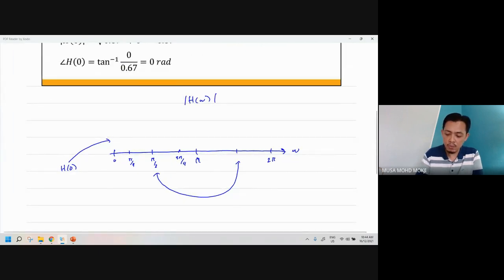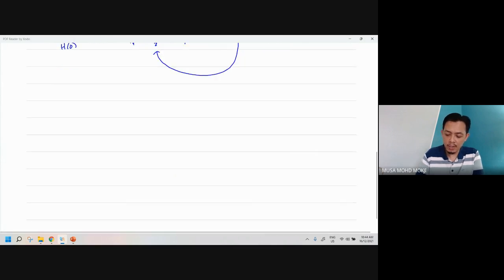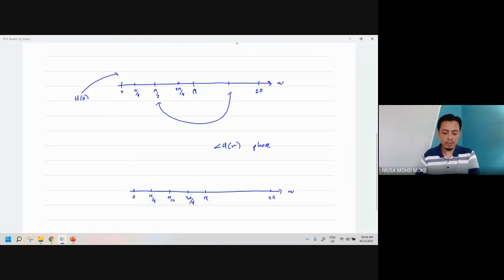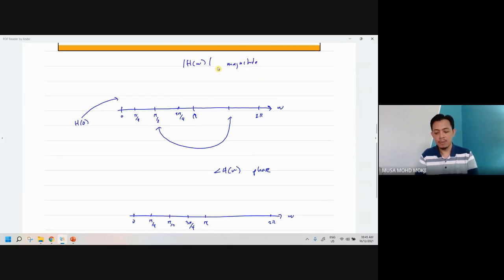One is the magnitude, and we should have another plot. Here 0, this is pi, this is 2 pi, this is pi over 2, pi over 4, 3 pi over 4, this is omega, this is phase. So we should get two values. At 0, what will be the magnitude and what will be the phase?